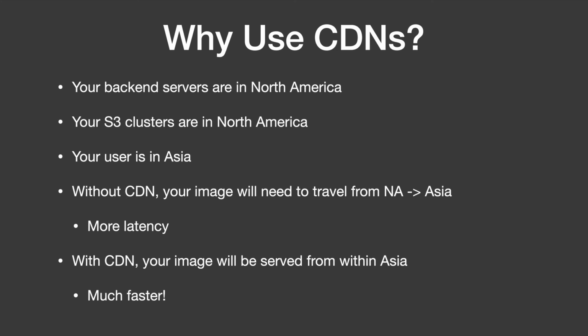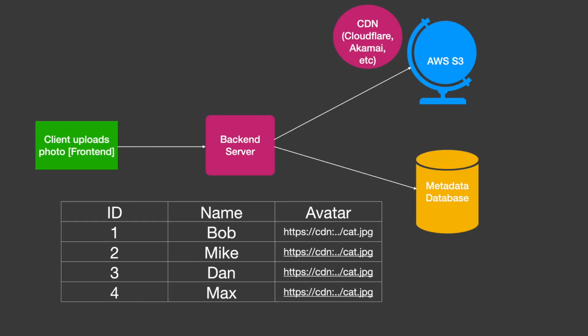So when a user from Asia requests a particular image, instead of the image needing to travel all the way from North America to Asia, it will be served from a CDN within Asia. So of course it's going to be much faster, there's going to be less chance of failure, and overall it's going to be a much better user experience. And you're getting all these benefits just by integrating AWS S3 with your CDN, which is very quick.